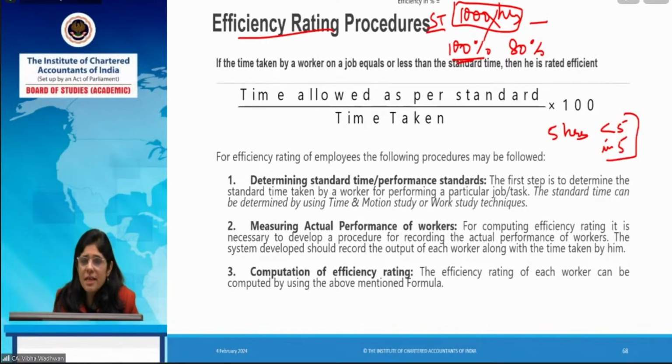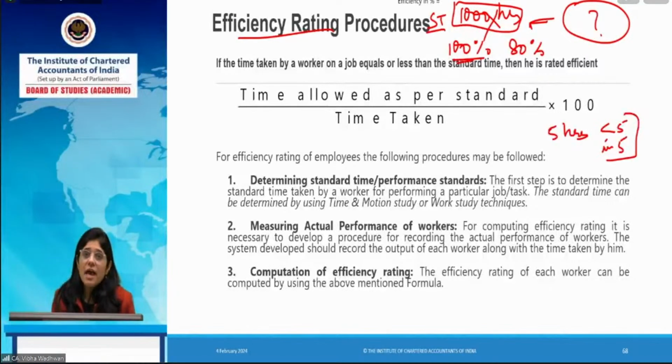But if I say my workers are 80% efficient, then is this the standard time, or should the standard time be more, or less? I repeat, if my workers are not 100% efficient, they are 80% efficient, can you give me the standard time at 80% efficiency rate? How much standard time should I fix if my workers are only 80% efficient?